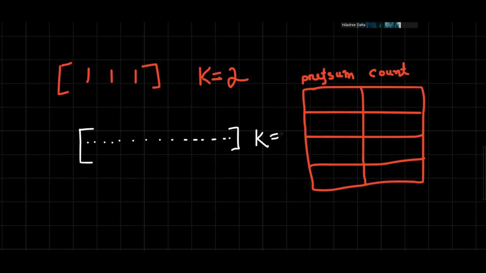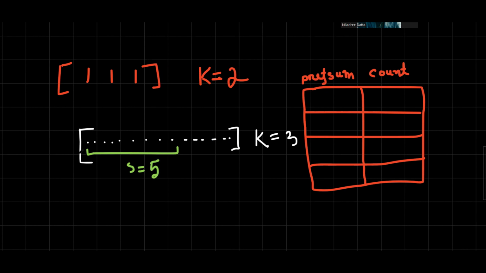Let us assume. Now, let us understand what is the basic purpose of this prefix sum counter. Now here, suppose this element's sum is equal to 5. Suppose all of these elements and their sum is 5.